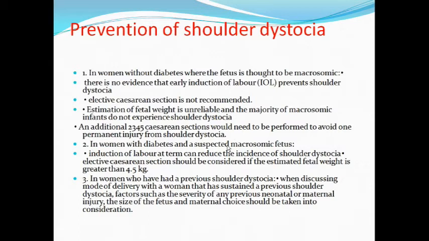In one study, it is seen that 2,345 cesarean sections would need to be performed to avoid one permanent injury from shoulder dystocia. The chances of shoulder dystocia are less, 4.7% at 4.5 kg as I told you without diabetes, and it is 50% in diabetics.